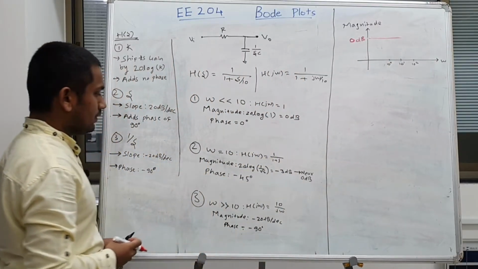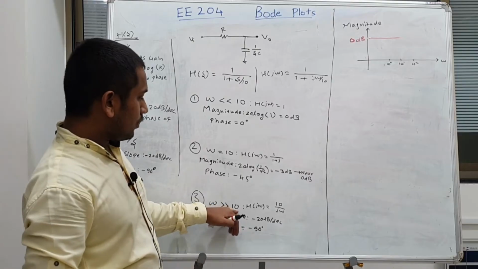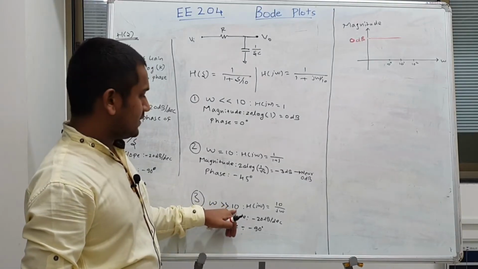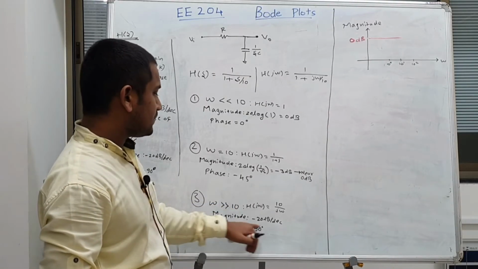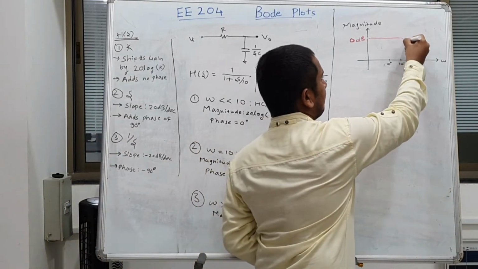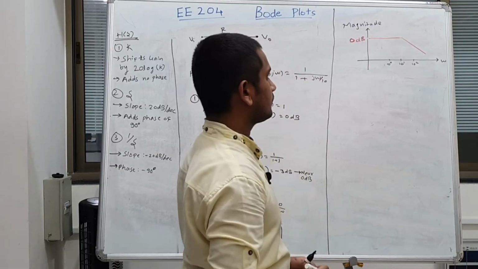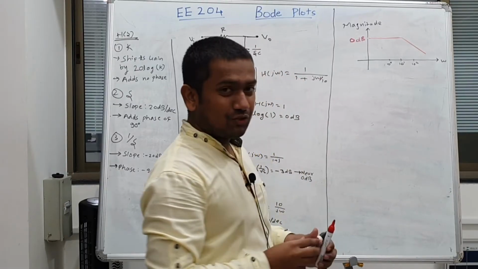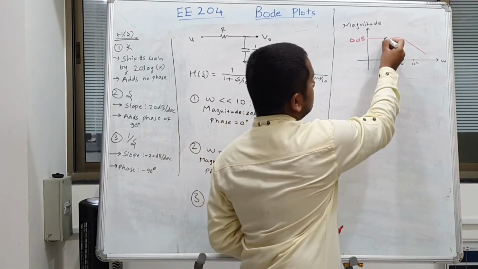Now, once we cross the pole frequency, it degrades with a slope of minus 20 dB per decade. In the actual plot, it looks something like this.